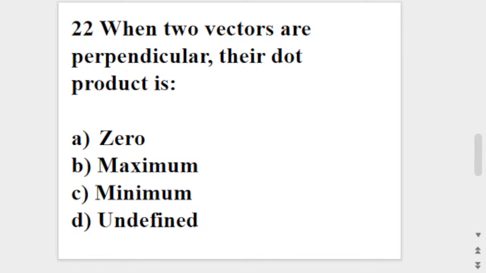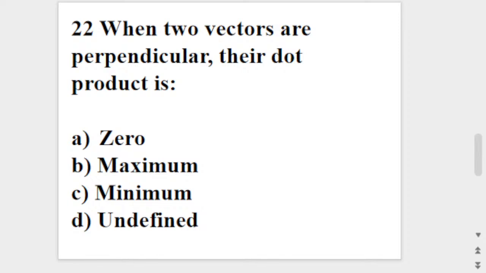But if two vectors are parallel, the dot product of them will be maximum. Because when they are parallel, what will be the angle between them? 0. And what is cosine of 0? 1. That is the maximum or the highest value of cosine that you can ever get.